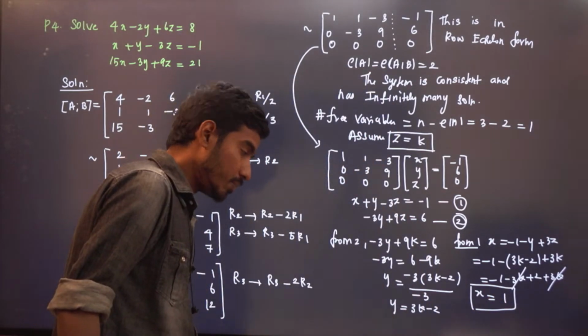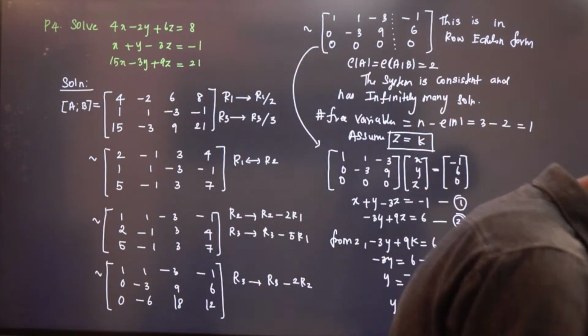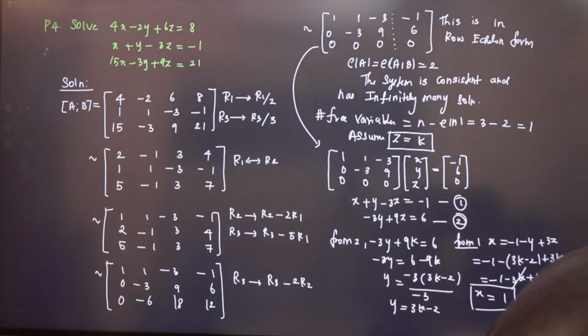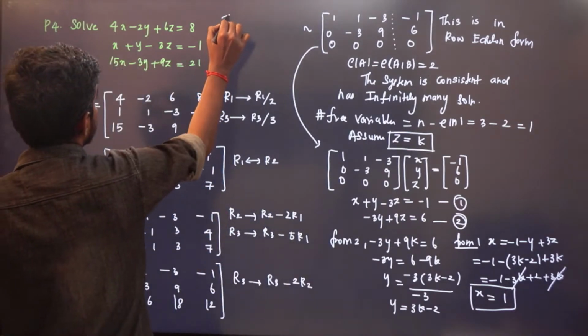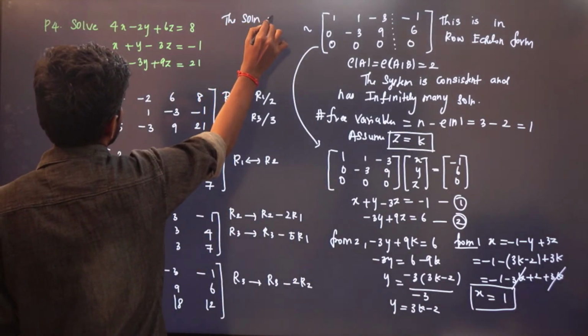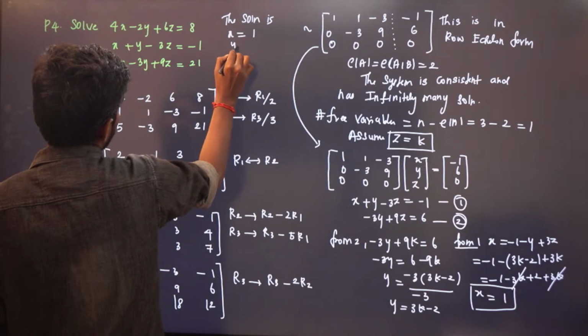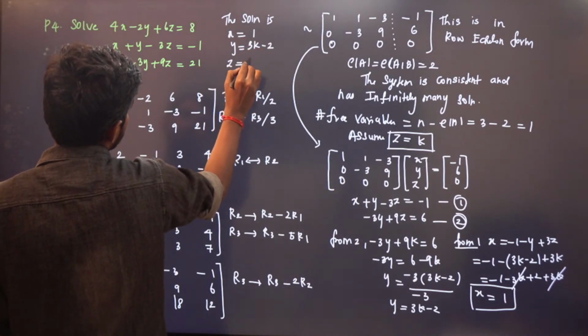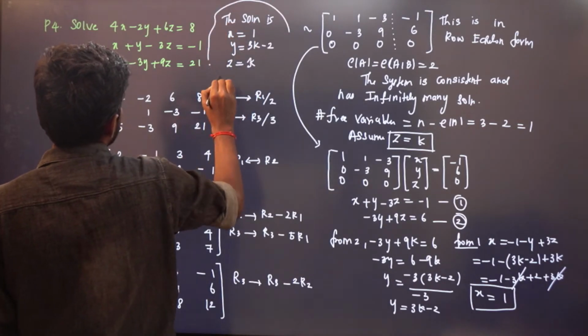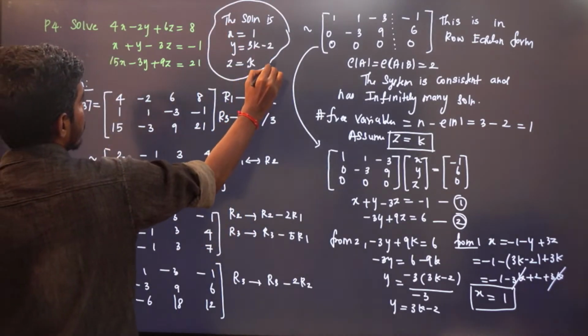So x is 1, y is 3k minus 2 and z is k. This will be your solution. Solution is x is 1, y is 3k minus 2, z is k. This k belongs to any real number.